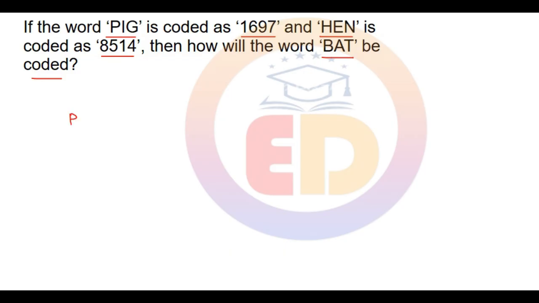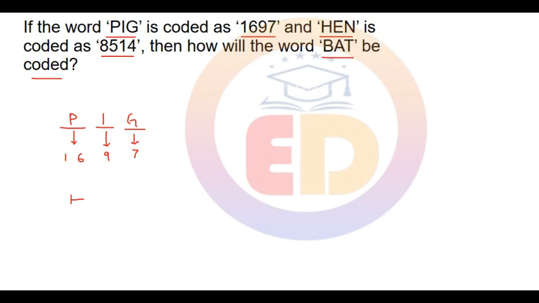PIG is coded as 1697. So we know that the alphabet P is number 16, alphabet I is number 9, and alphabet G is number 7. It means they are using the numbers of the English alphabetical series.